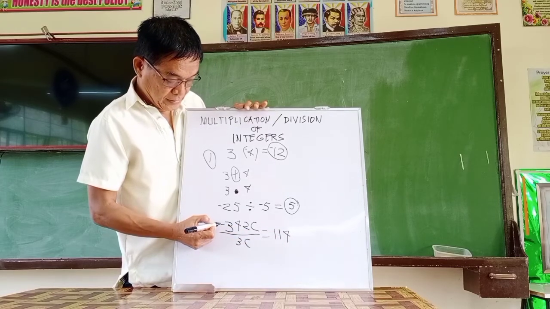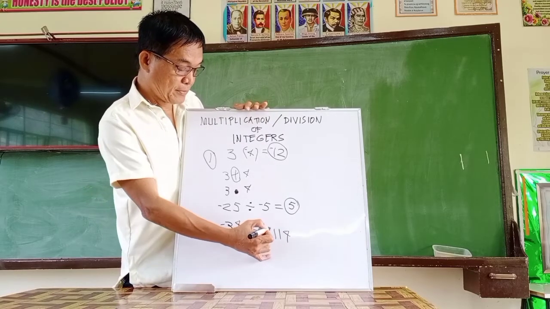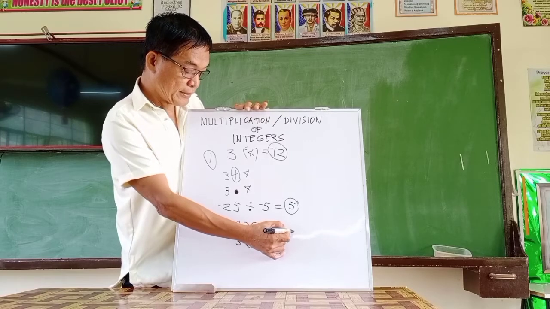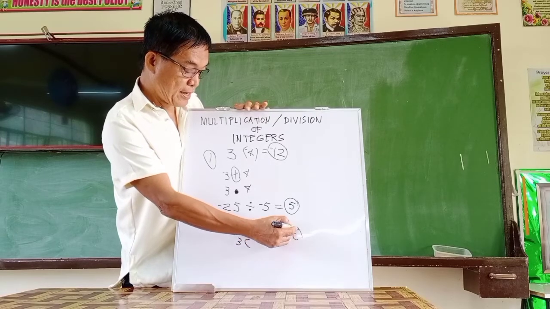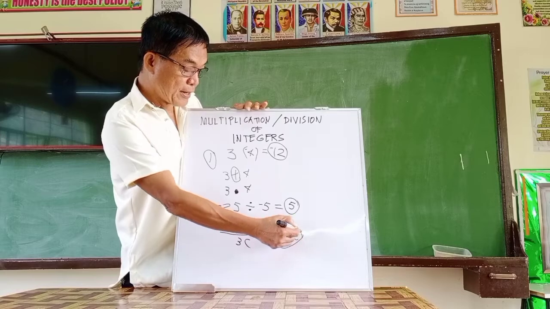So since negative over positive is negative, the answer is negative 114C. So this is algebra already.